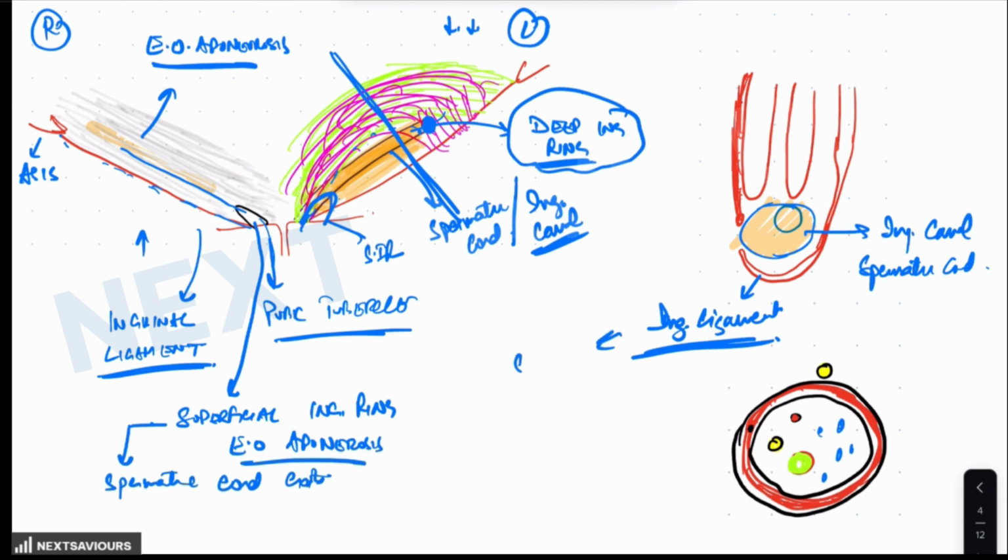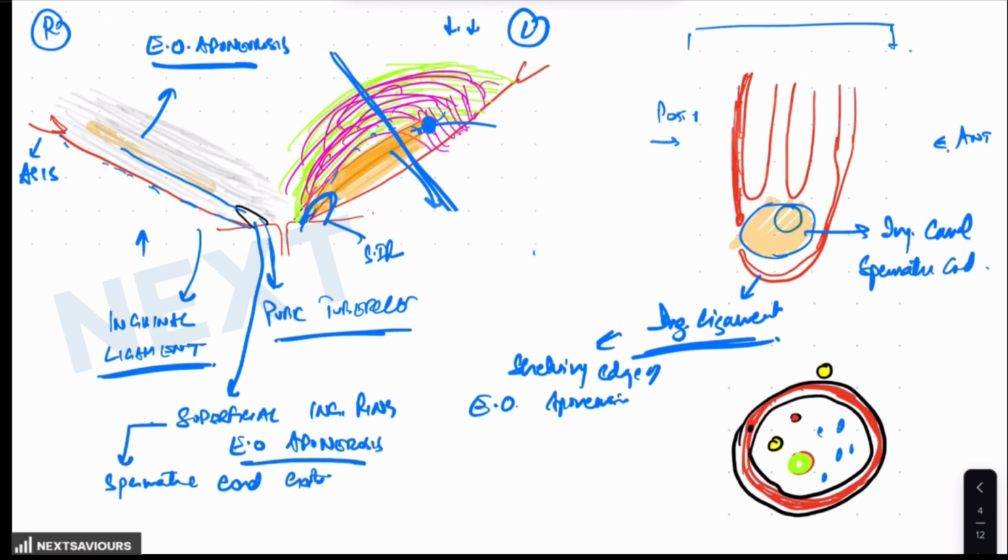It is the shelving edge of the external oblique aponeurosis. Just try to understand this diagram, which we are seeing from the anterior aspect. This is anterior and this is posterior.